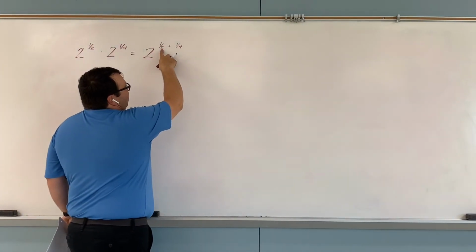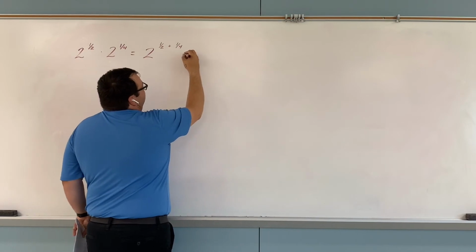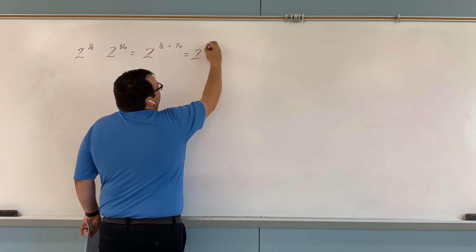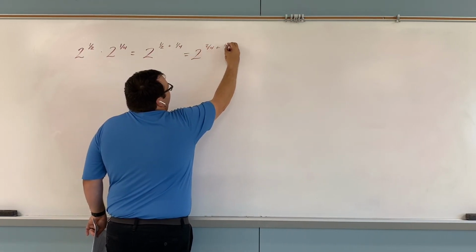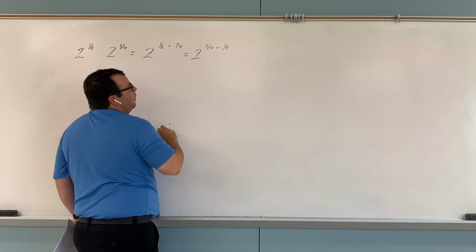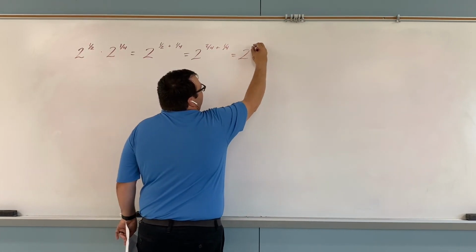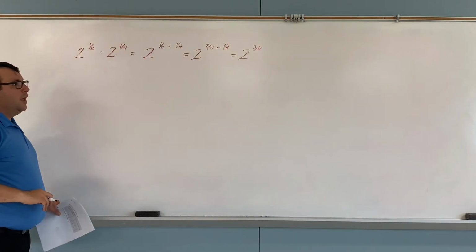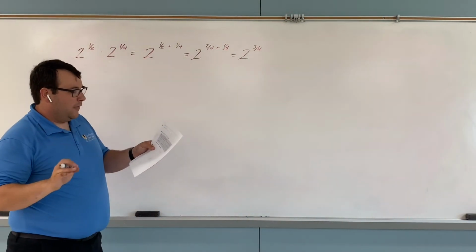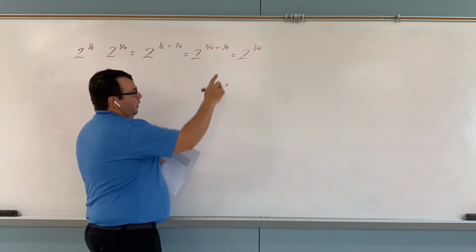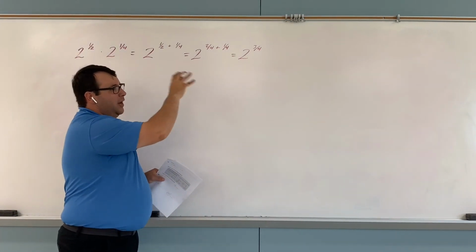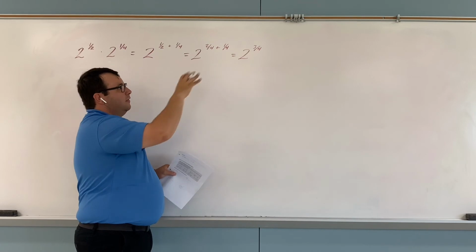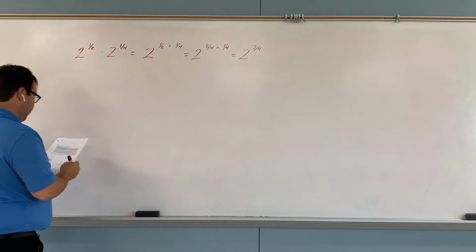So 1/2 is easily converted to 2 over 4. That's 2 over 4 plus 1/4. And this would be 2 to the 3/4 power. And again, it says, write all answers using positive exponents. Is your answer in a positive exponent? Yes, it is. Leave it alone.